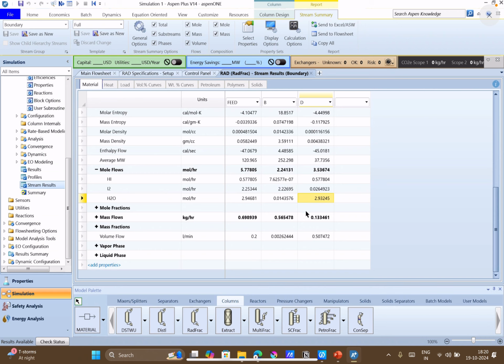So through this column we have achieved separation of I2 iodine from HI and water.